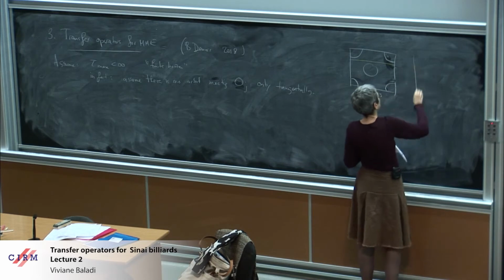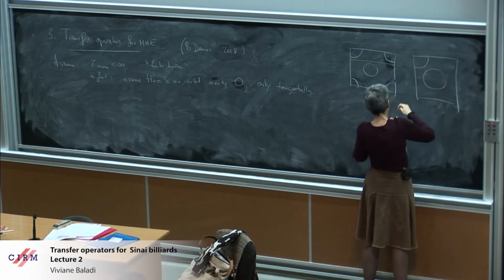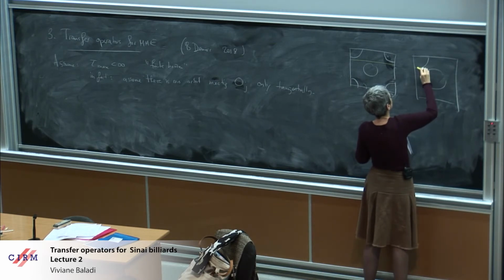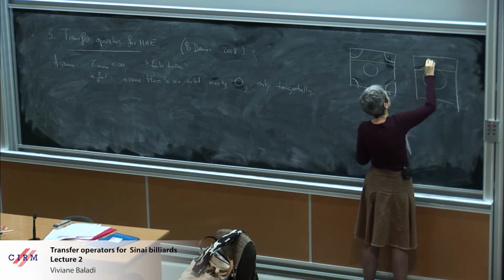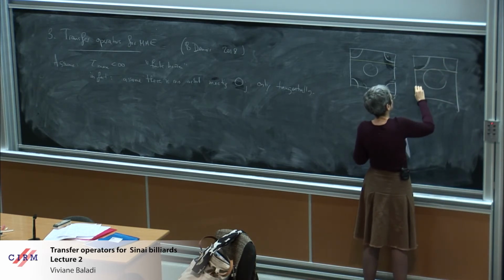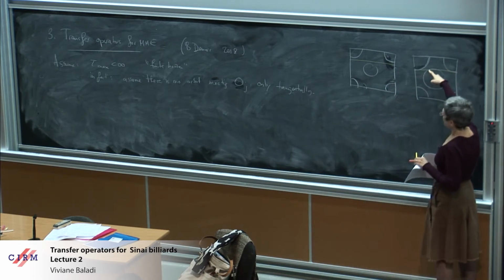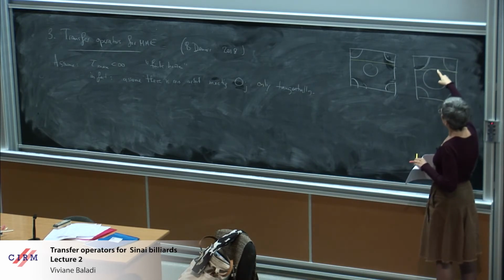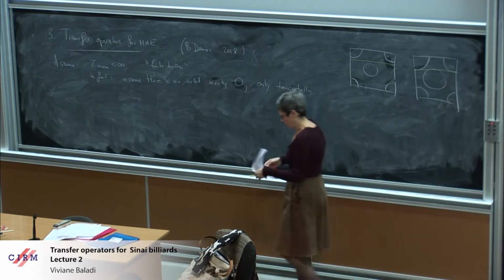Well, I'm probably going to fail at drawing it. The limiting case is when you have a trajectory which, well, I'm going to cheat, right? I'm going to draw first the trajectory and then the obstacles. And here it doesn't matter so much. So in this case, you have finite horizon because you hit the trajectory, the obstacles are closed, but I don't want this. This creates problem, so I don't want this. So this is not allowed.